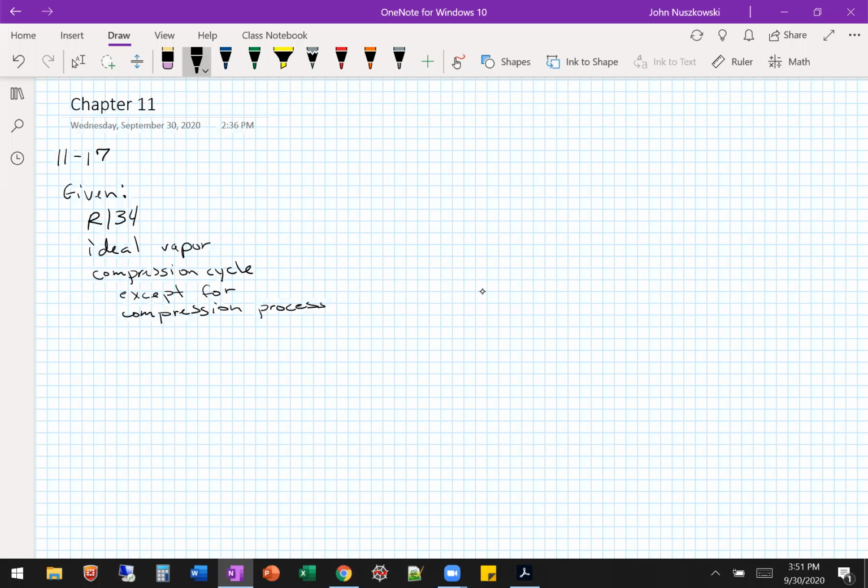Then it says we have the pressure entering the evaporator. So P evap in is 120 kPa, and they tell us the quality entering is 34%, 0.34.